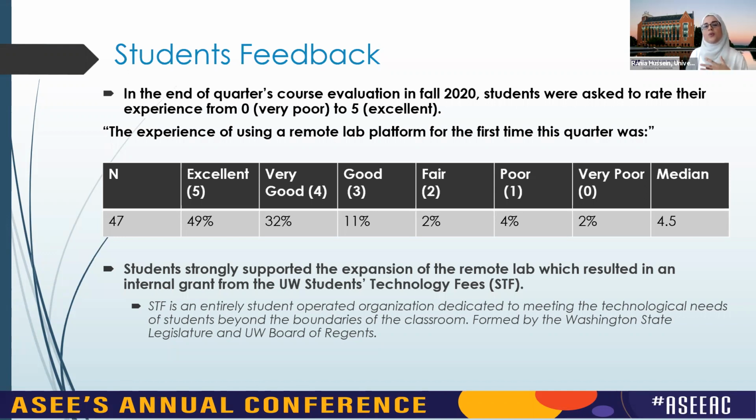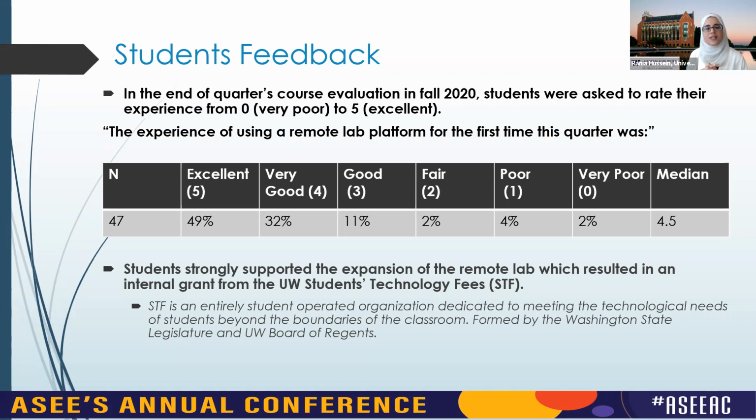Currently we have 8 boards up and running, so I thought about expanding with more FPGA boards. That resulted in an internal grant from the UW Students Technology Fees. This STF is an entirely student-operated organization.